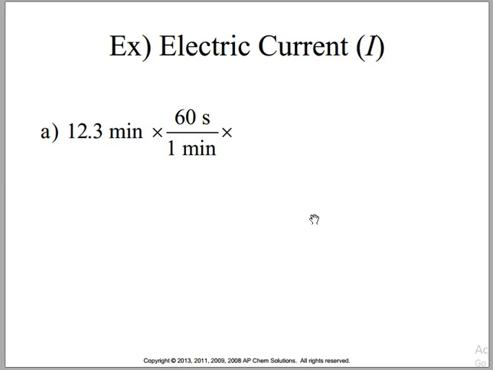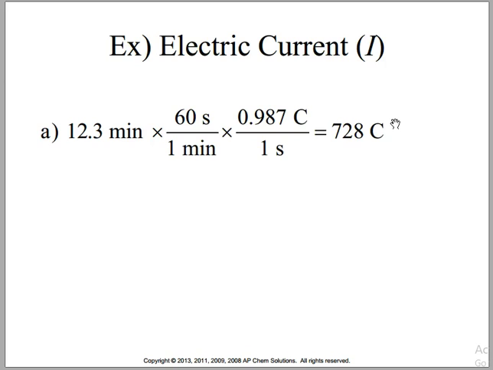Then we are asked how many coulombs we have, or how much charge passes through the wire. So this is how many seconds, and we have the current itself, so charge per second. So this is how many coulombs are traveling through this wire in 12.3 minutes.